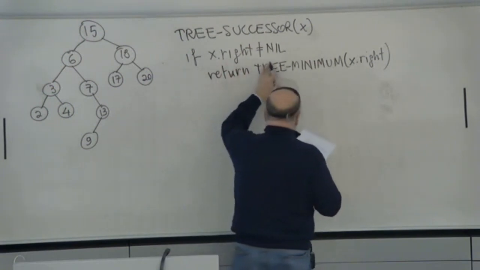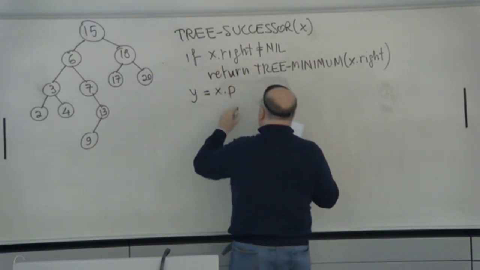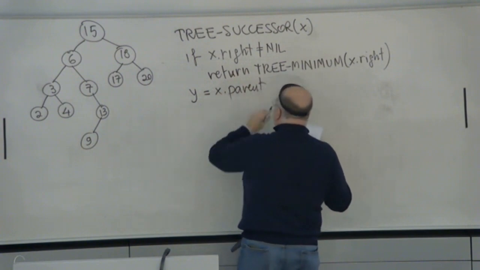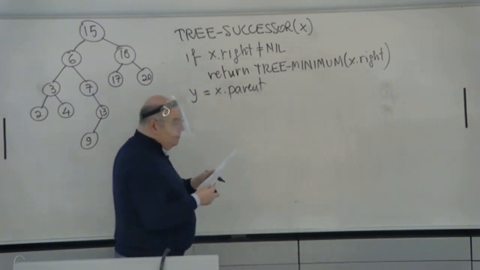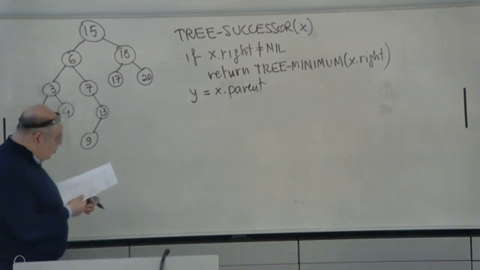If x.right is nil, which is the other case, we set y equal to the parent of x, because what we are doing essentially is moving upwards.